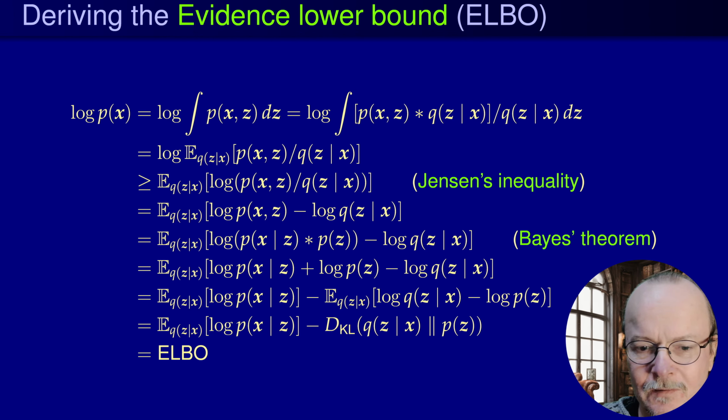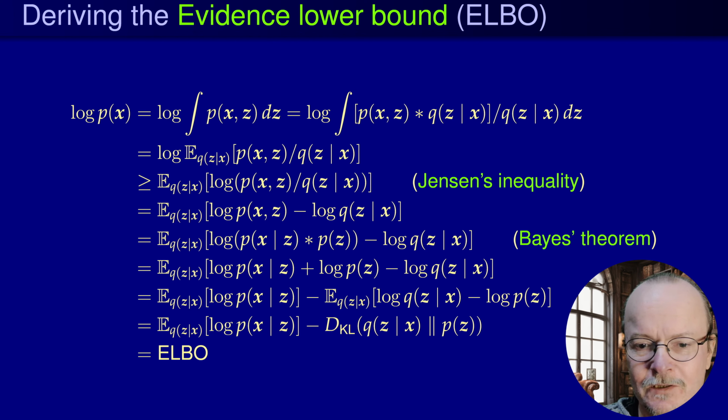It tells us how to get rid of the joint distribution by decomposing it. Now logarithm of a product equals the sum of logarithms. This allows us to separate the likelihood p of x given z from the prior distribution of z, p of z.